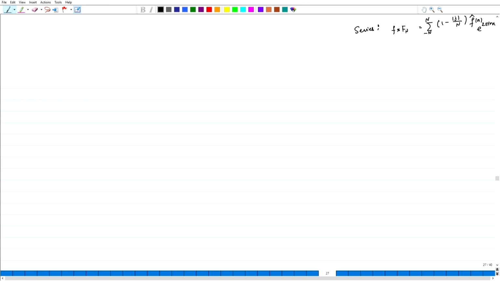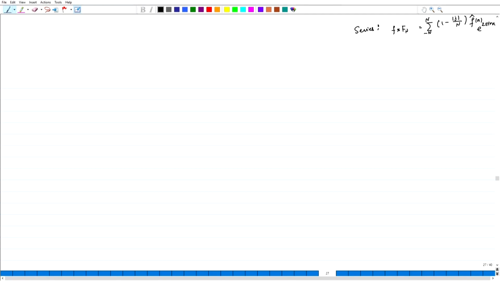So, this is what the Fejer kernel convolution was looking like. So, it is natural to see, if we are talking about the analog, whether this is going to be true in this case or not. So, for that let us try to see what the analog will be.